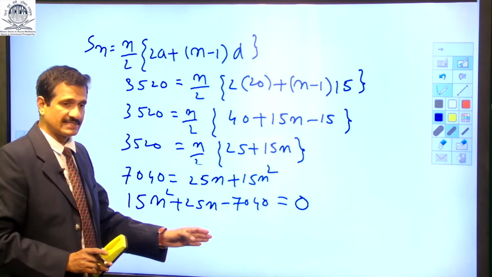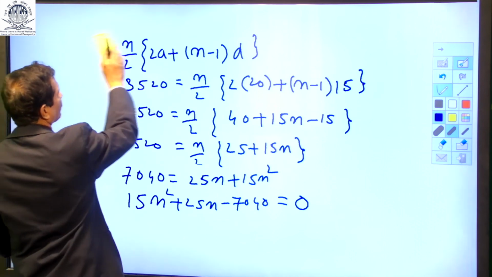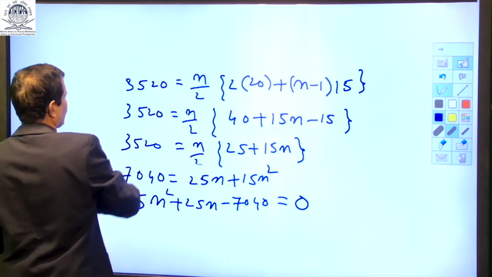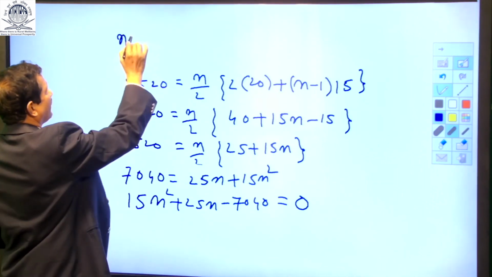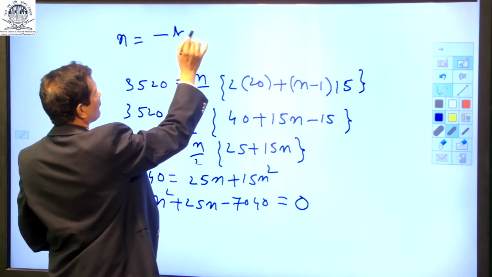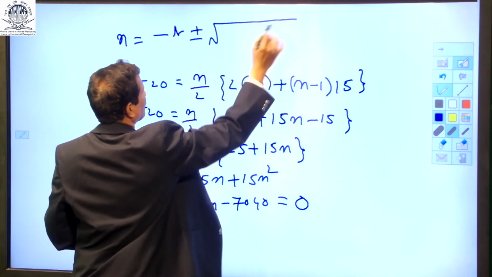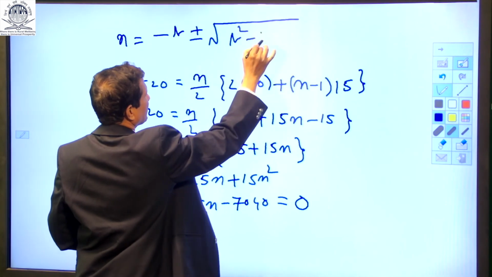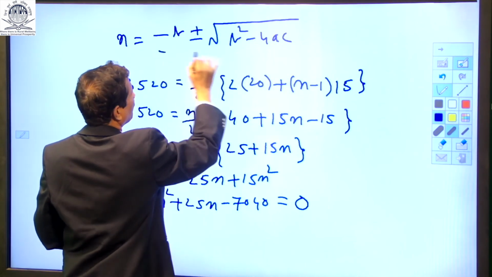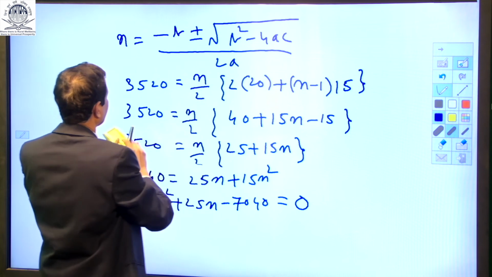So we have to solve this using the formula n is equal to minus b plus or minus root of b square minus 4ac, divided by 2a.